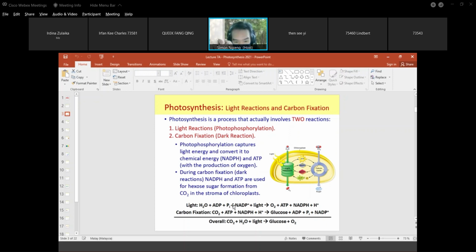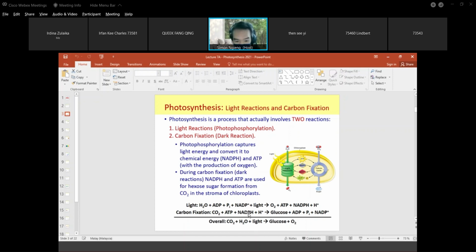This formula here represents what happens in the light reaction. The few components I mentioned: you need water, you need NADP and ADP, and of course you need light. After the completion of this, you get your oxygen released, and you generate your ATP and NADPH, which are used inside your carbon fixation step or Calvin cycle, in the presence of carbon dioxide, to produce your glucose.